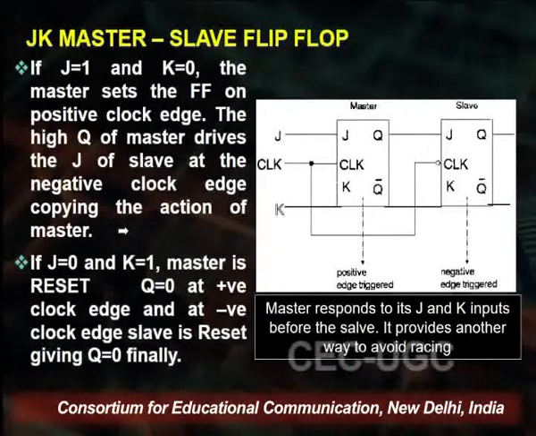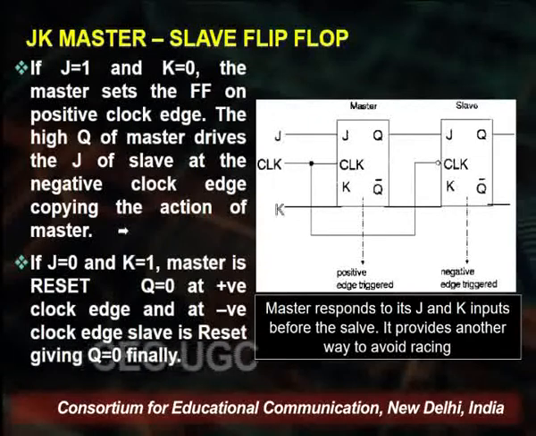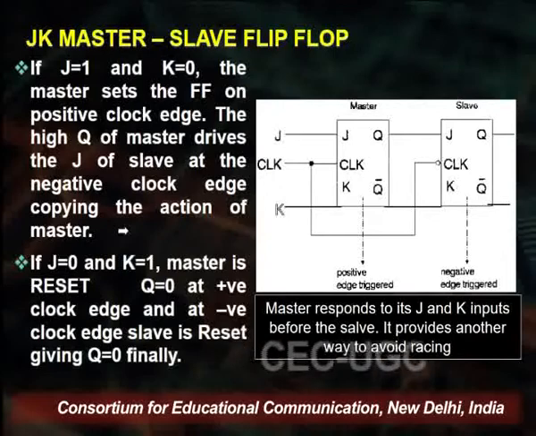So if you look carefully at the circuit, we find that the JK flip-flops do not have the same value of clock at a given point of time. For the first master JK flip-flop, if we have the clock at high, then the clock would be low for the slave, and vice versa. So if J is equal to 1 and K is equal to 0, the master sets the flip-flop on positive clock edge, and the high Q of master drives the J of the slave at the negative clock edge, copying the action of the master.